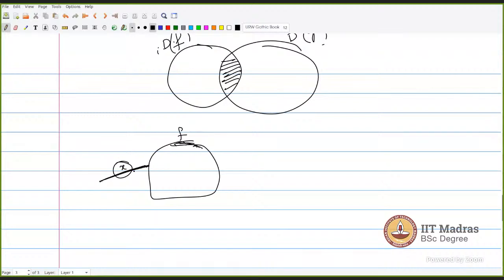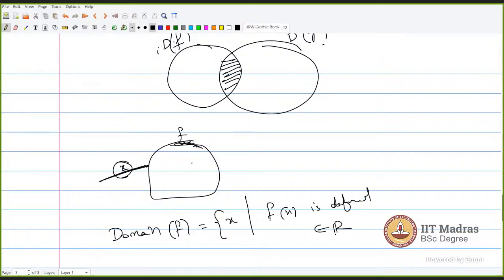So that is how we get the domain of this function f. Whatever x comes into this function f will be in the domain. The domain of f is those x where f of x is defined or belongs to real values.